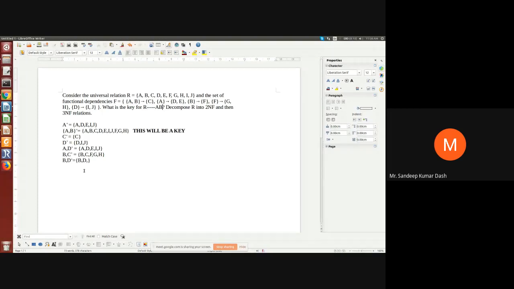Now find out the dependencies: which is full functional, which is not full functional. Now let me write in terms of F1.